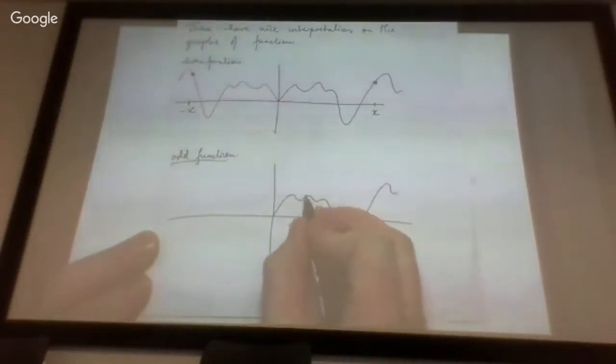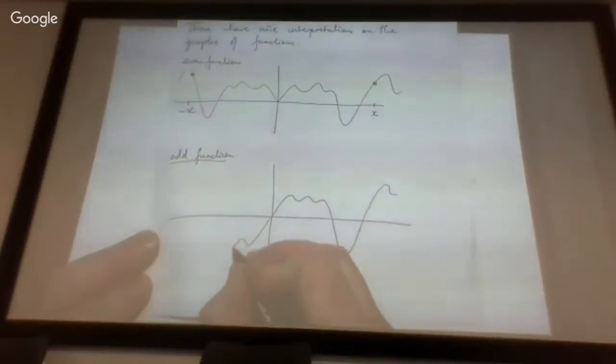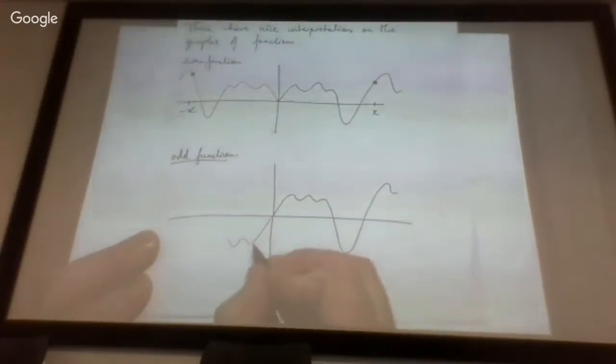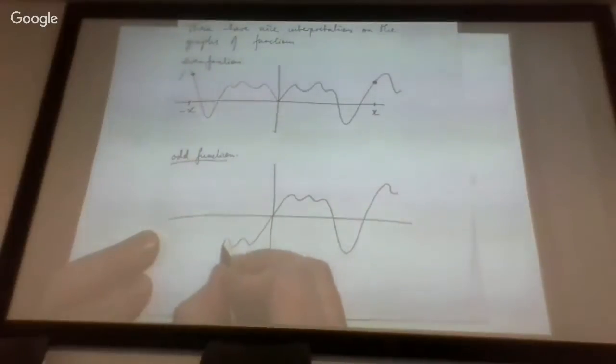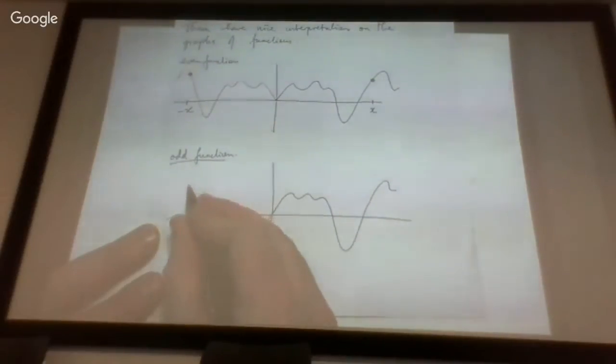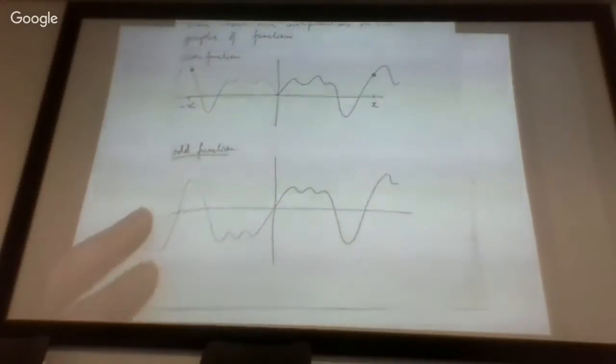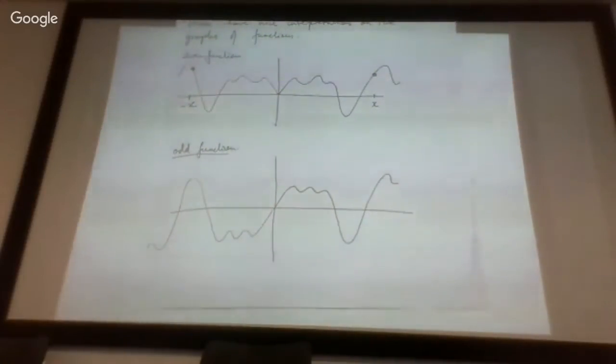So what goes up and wiggles around up here has to come down and wiggle around down here. And then go whoop. And then come down again and go whoop. Something like that. Okay.